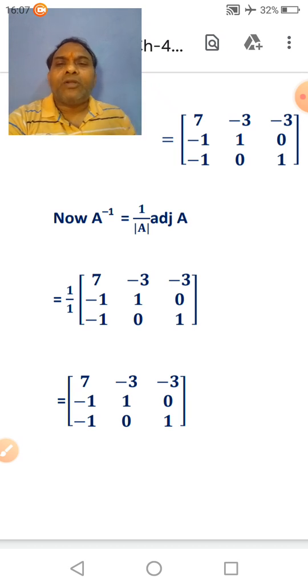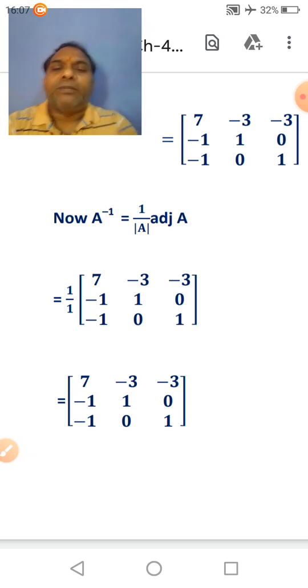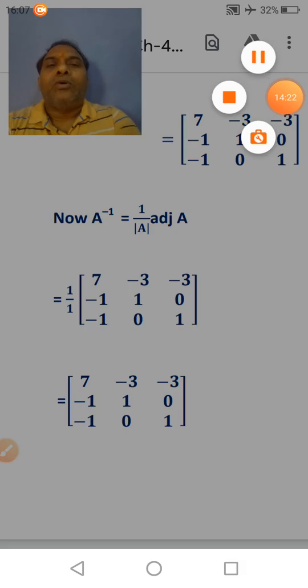If the determinant of the matrix is equal to 0, then A inverse does not exist. If determinant of A is not equal to 0, then you can find its inverse by using the formula A inverse is equal to 1 upon determinant of A into adjoint of A. Clear? Now you have to solve the questions related to the inverse of the matrix. Okay students, thank you.